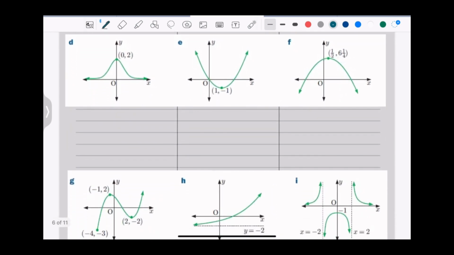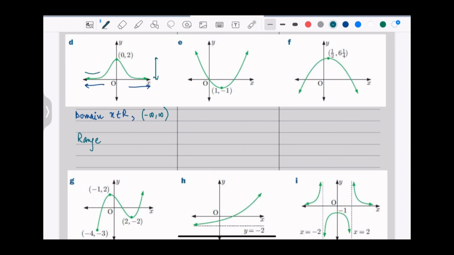Now let's look at this question here. For the domain of this function, as you could see, it is going here and there, so it does not have a starting point, neither an ending point. Domain x belongs to real numbers, or -infinity to infinity. The range, as you could see, the function is only existing here.